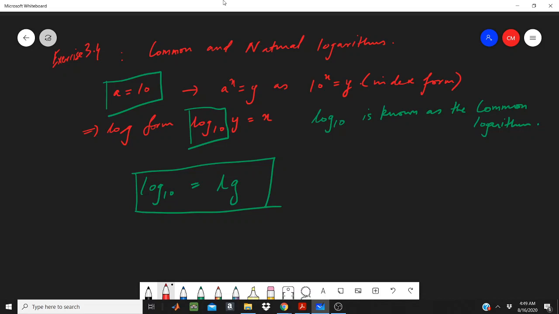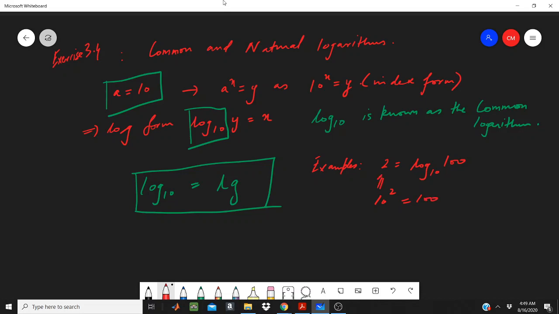Some examples, of course, would be 2 equals log base 10 of 100. That makes sense because, as I've said before, the logarithm is just a power. So it's just raising 10 to the power of 2, which gives you 100.